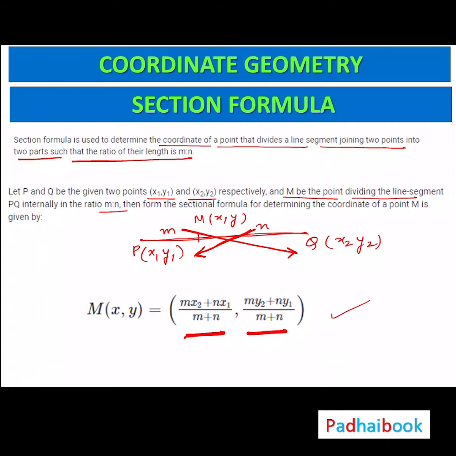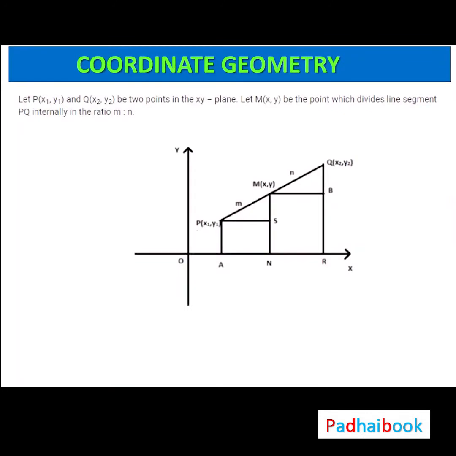Now we move to the next part, that's the derivation. Here I have taken the 2 points P and Q with the coordinates x1, y1 and x2, y2, and the point M which divides the line segment PQ in the ratio m is to n.